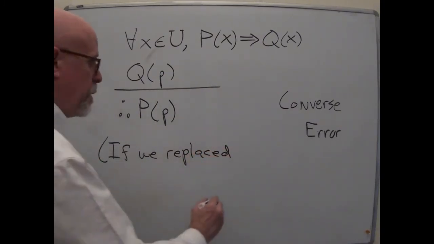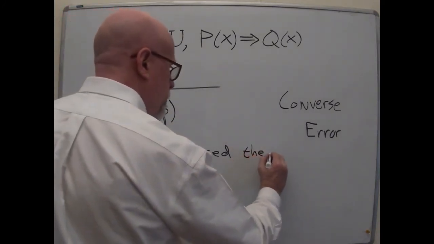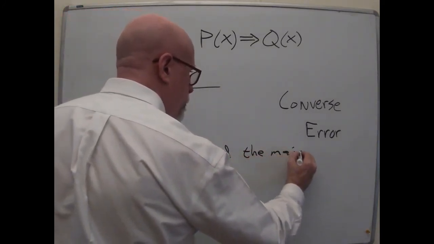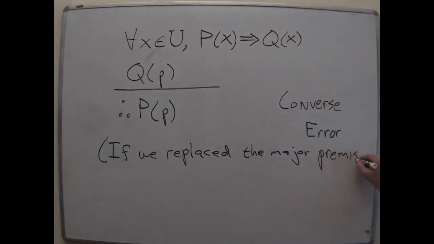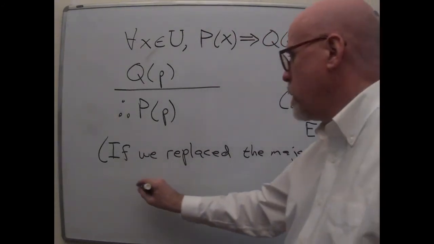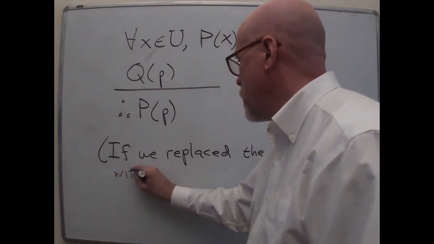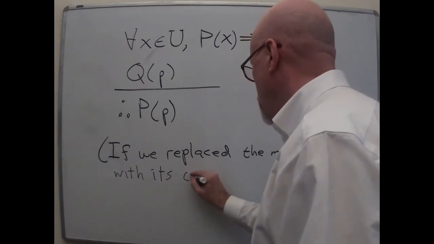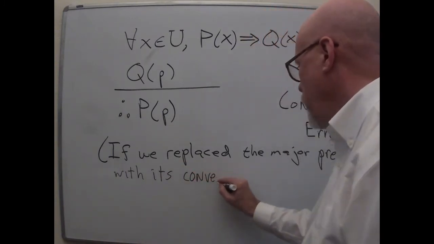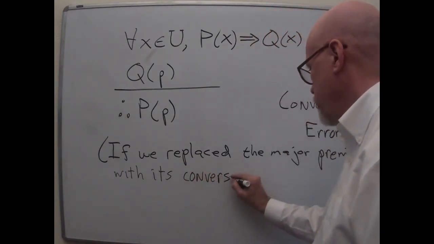If we replaced the major premise with its converse, we would have modus ponens.